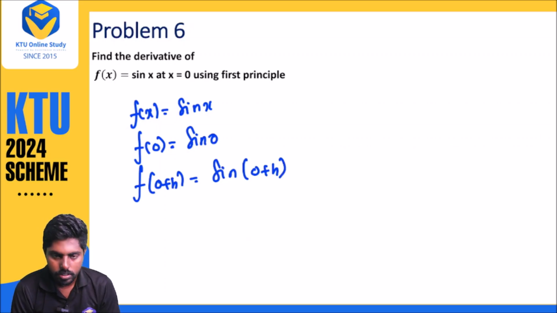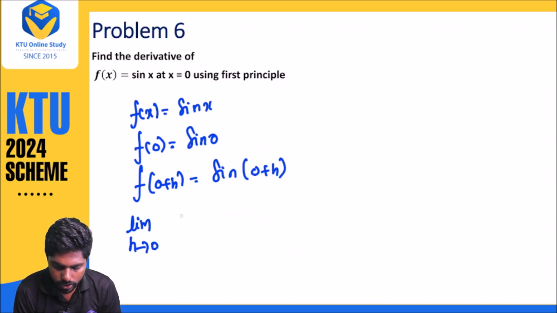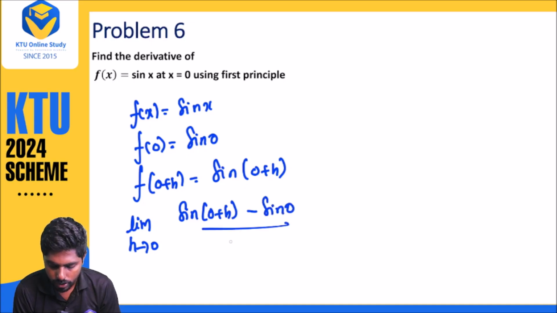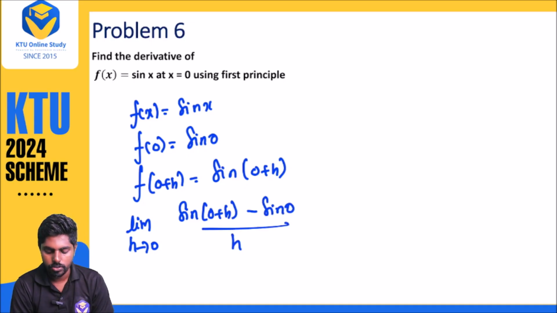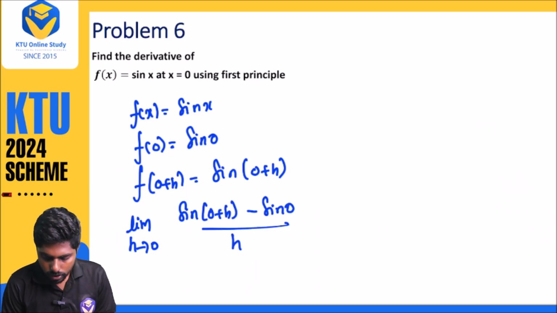So substituting in the formula, limit h approaches 0, sin 0 plus h minus sin 0, divided by h.